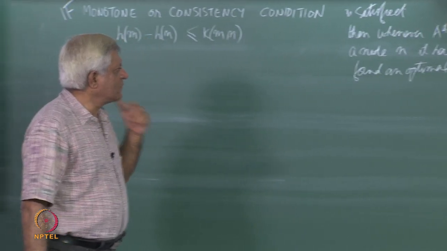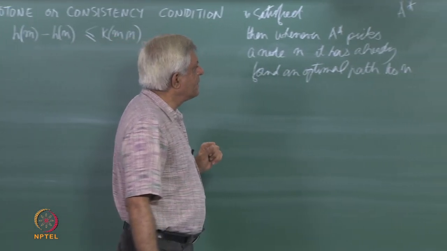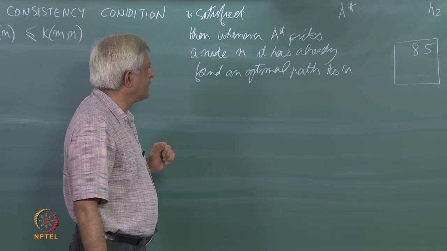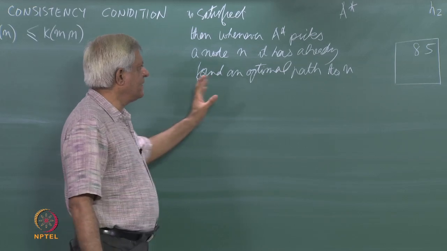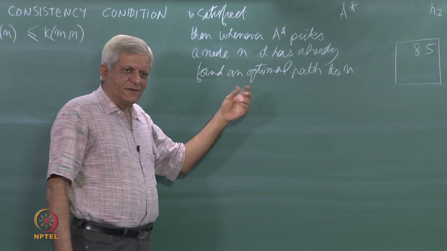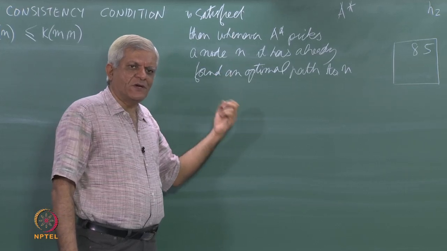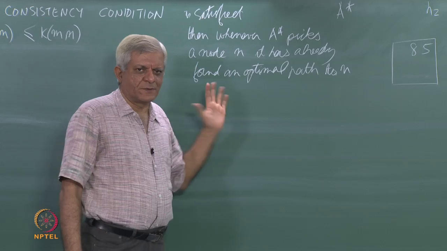So, let us try to prove this property essentially. What are we saying? We are saying that when it picks node n from the open list, at that point g of n equals g star of n essentially, which is the optimal value.